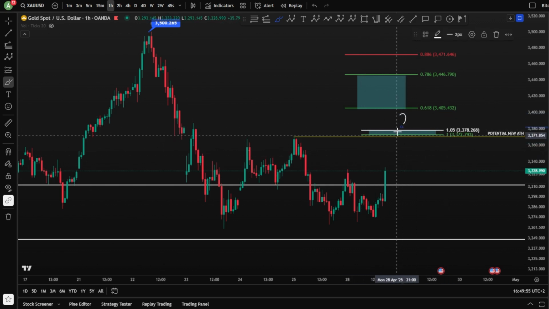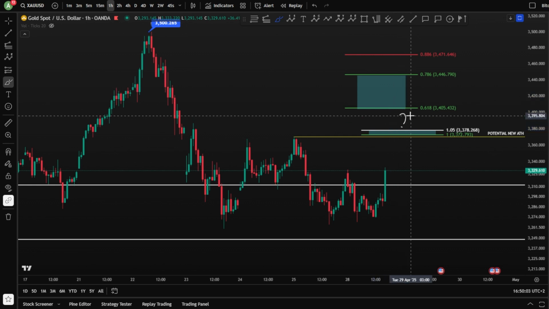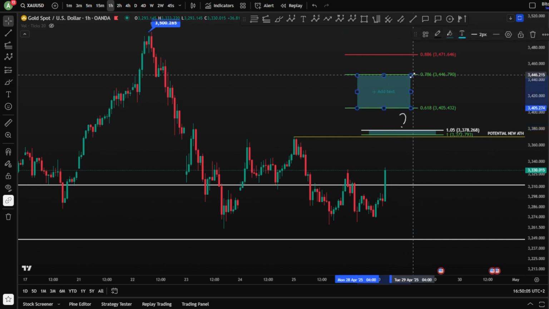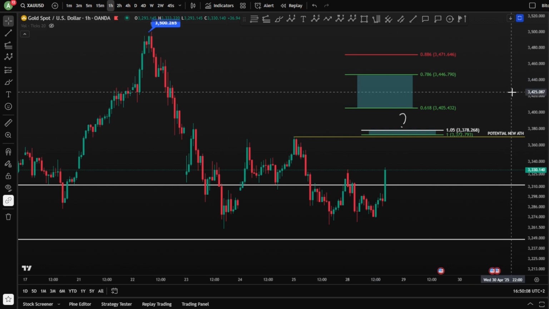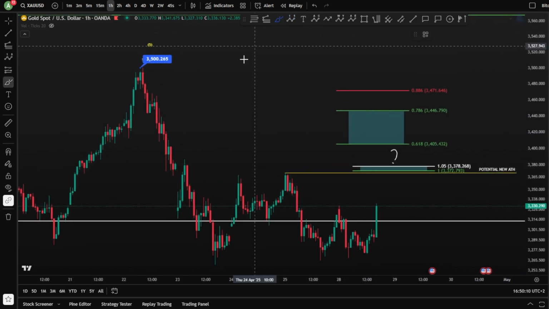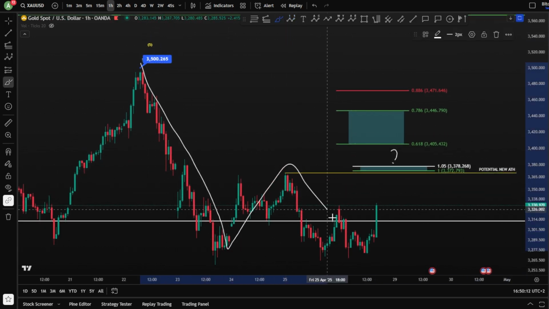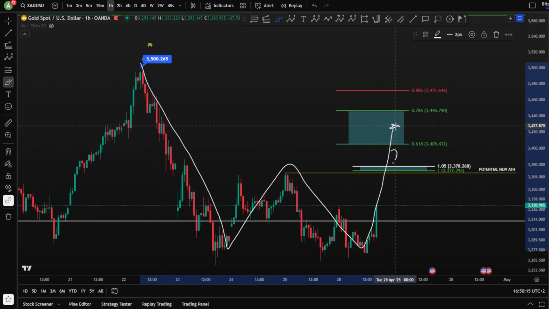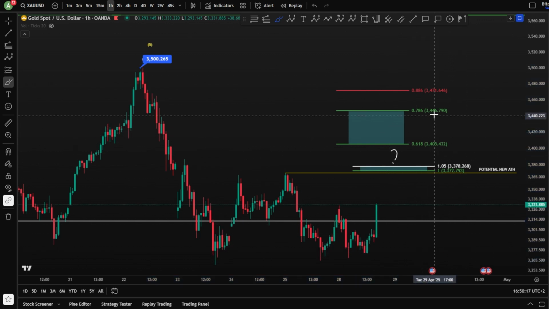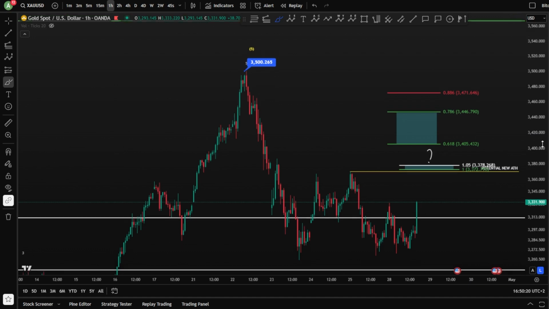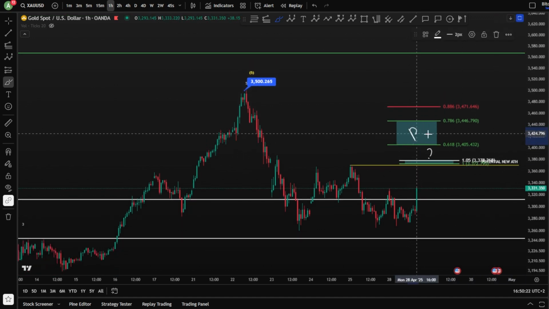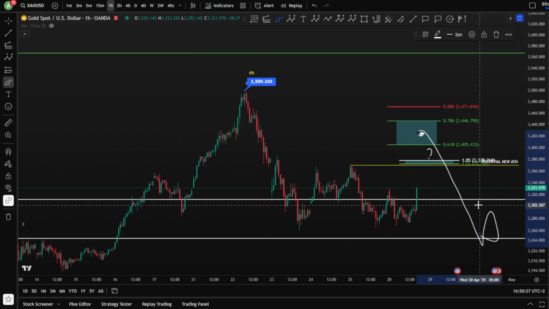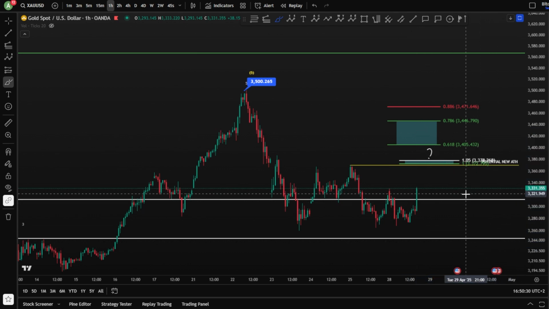In case we break this high, we're moving to the next situation, which can be a deeper wave 2 here, or a deeper wave B, meaning you are looking for the golden box for a wave 2, A, B, and a C, moving toward the downside between the 0.618 and 0.786. Those are perfect levels for a wave 2. It can be as well for a wave B. And that means you can move toward the downside from there, taking the low one more time.